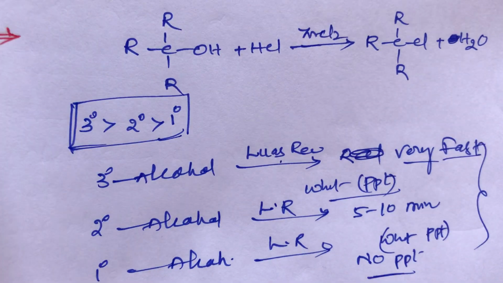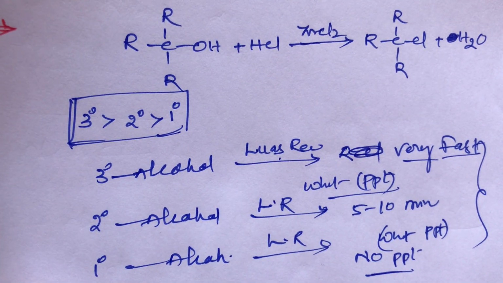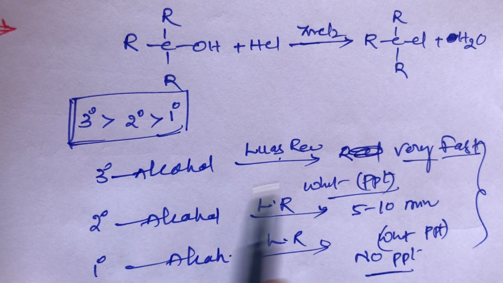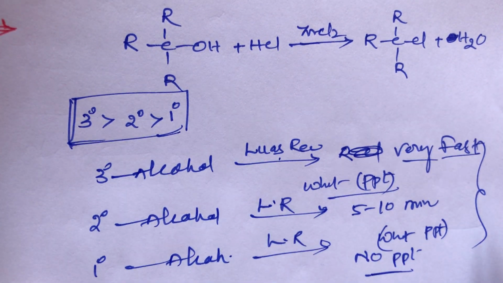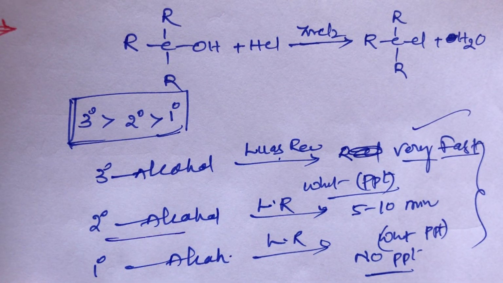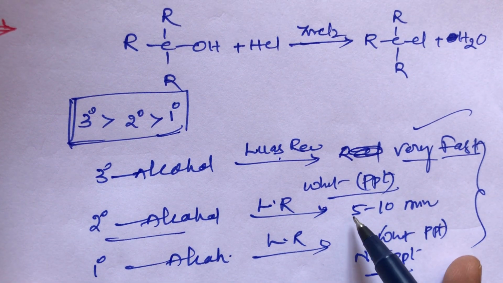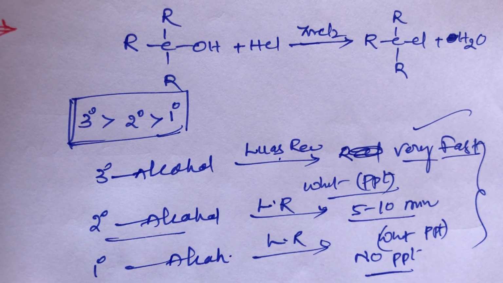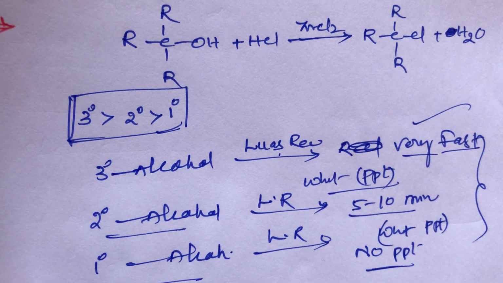These three alcohols react with Lucas reagent at room temperature. Tertiary alcohols give a white precipitate within a fraction of a second, secondary alcohols give a white precipitate in 5 to 10 minutes, and primary alcohols give no precipitate, no reaction.